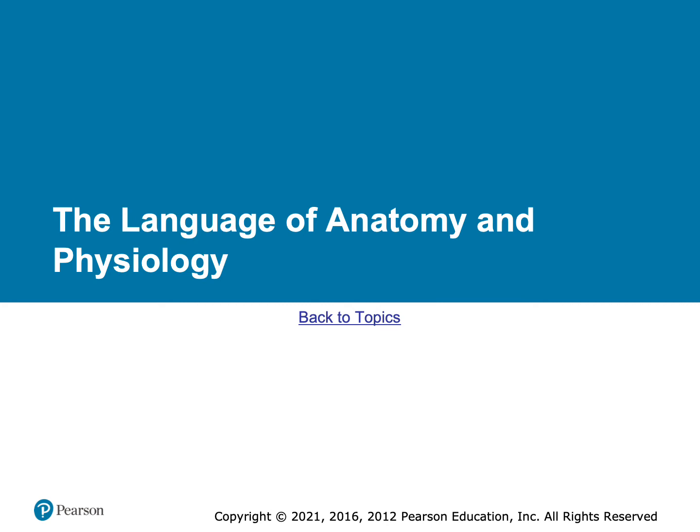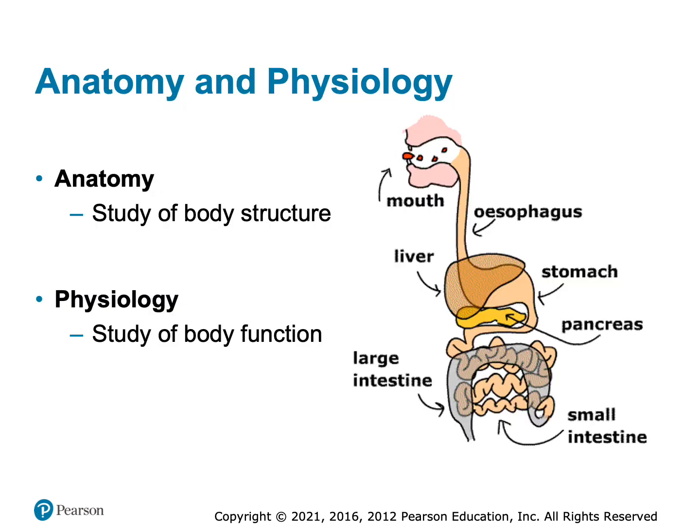Along with understanding medical terminology, we also have to understand anatomy and physiology. The next chapter that you go over on A&P is going to go much further in depth, but here, we're going to cover the basics and why it's important.